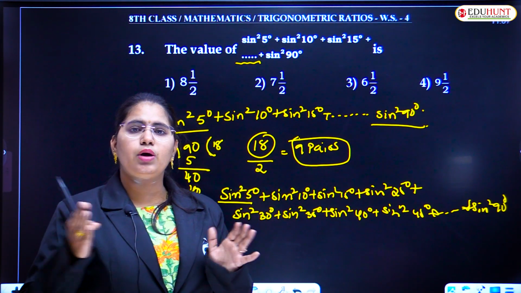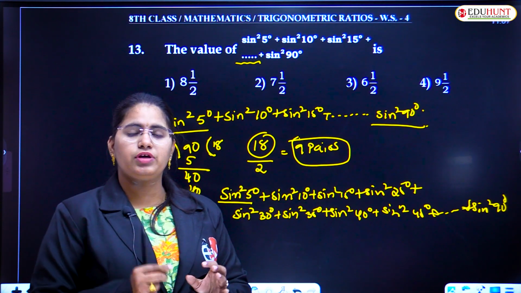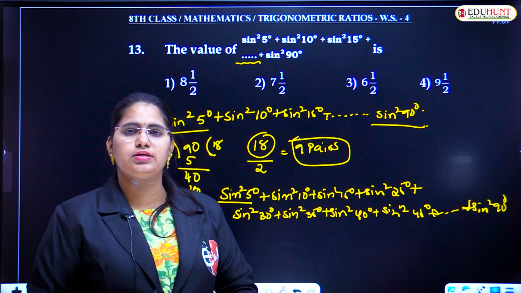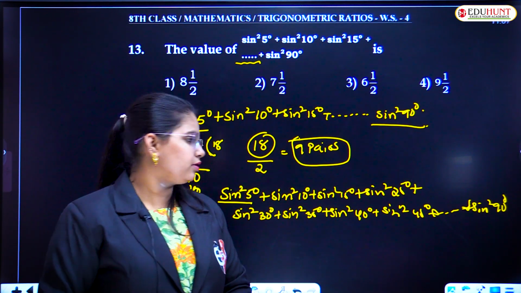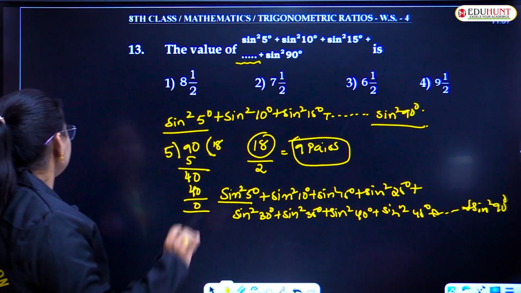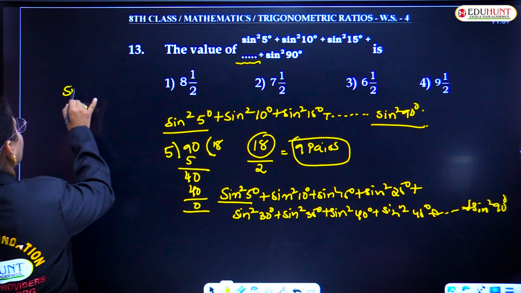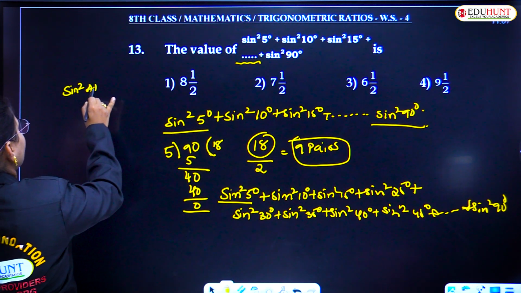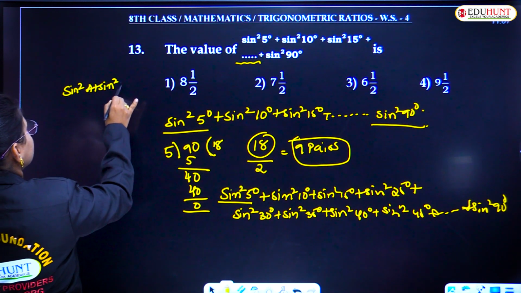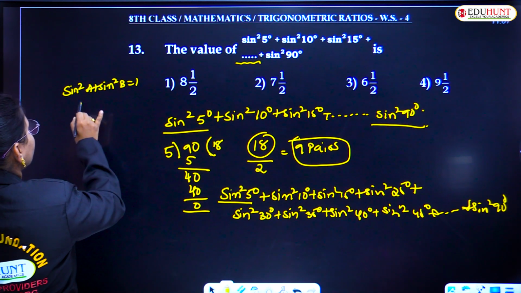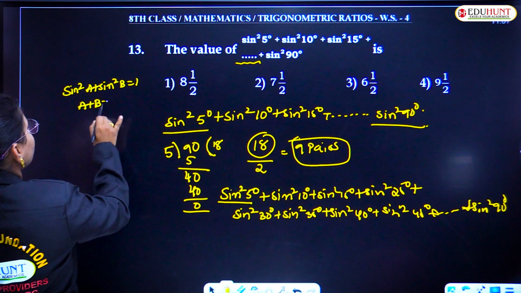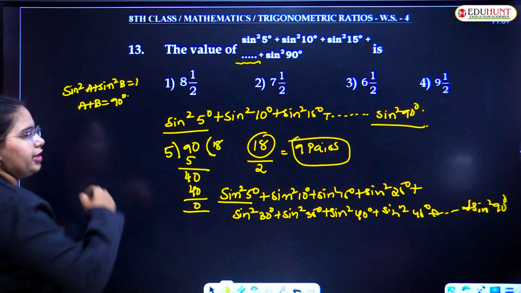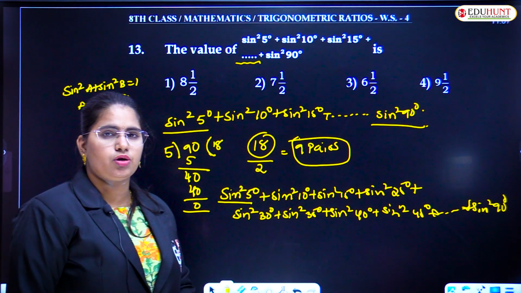And whenever you add 2 angles, if the result is 180 degree, you call it a supplementary angle. In the same problem, we have a very important result: sine square A plus sine square B is equal to 1 whenever A plus B is equal to 90 degree. Do you remember? I taught you this while teaching you the concept.